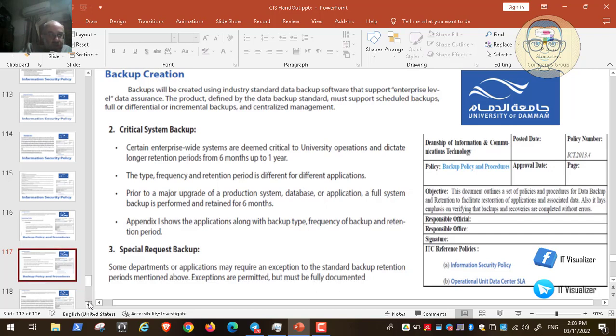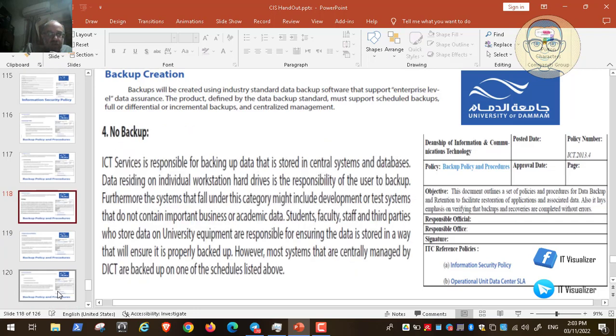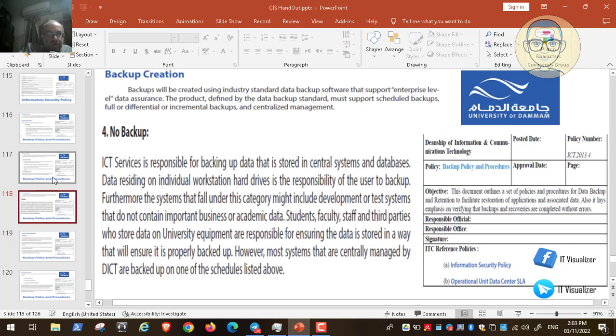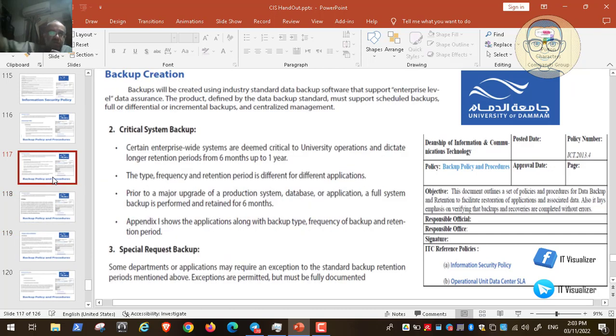Okay, let's see here again, sorry. So there are until now 3 kinds of backup. Standard backup, which could be weekly, daily, or monthly, and the retention period is from 2 weeks to 1 month.